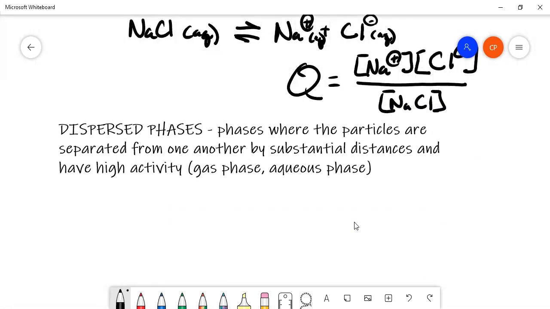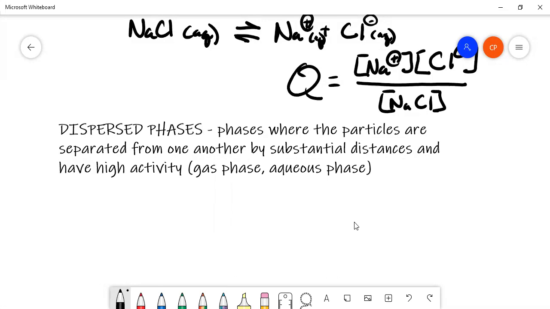So a lot of what we've been describing here is dispersed phase chemistry. Gas phase chemistry is dispersed phase chemistry. Aqueous chemistry is dispersed phase chemistry.